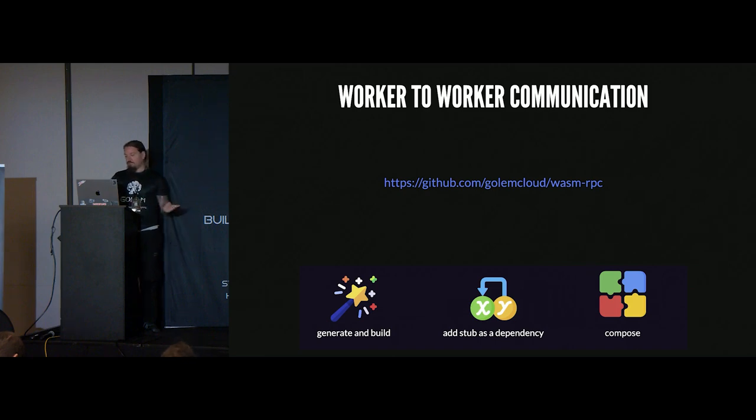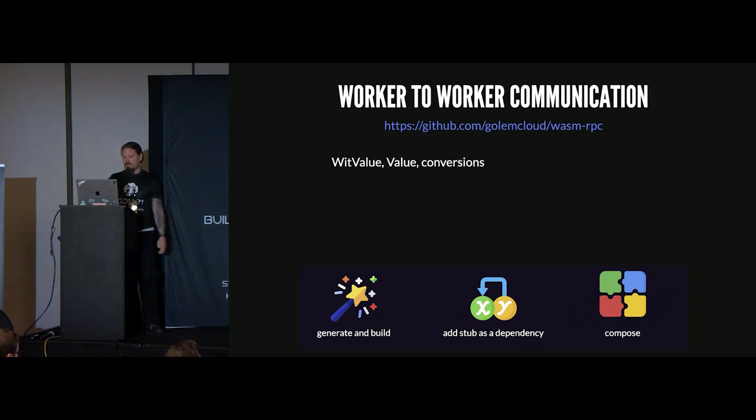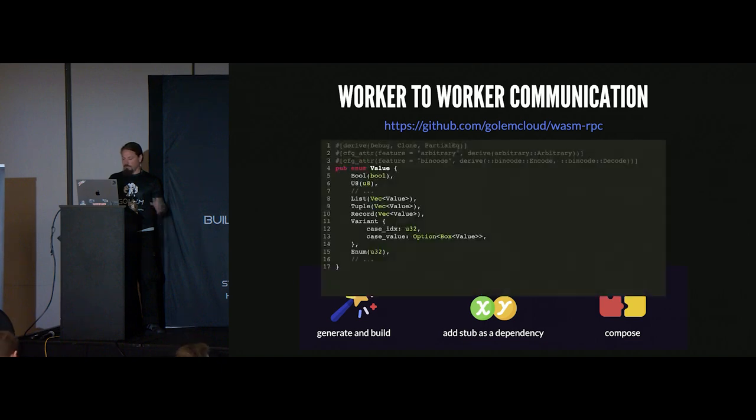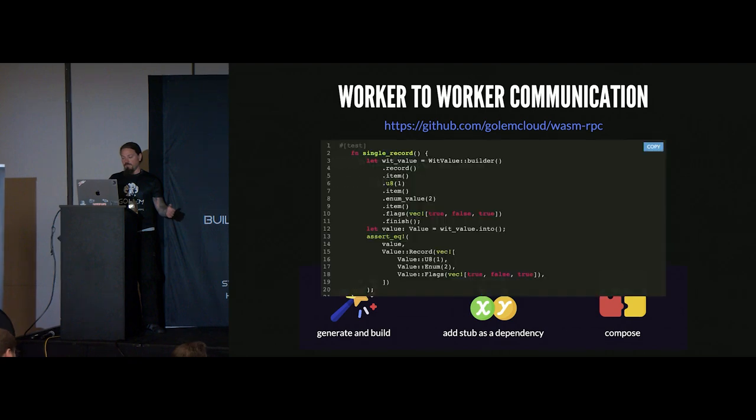There is this other published open source library called wasm-rpc, which implements all this and some other things. For example, it has a Rust implementation of all these value types involved and conversions between them. It defines this builder API, which is used by the generated stubs to construct these WIT values from your typed values in an easy way.